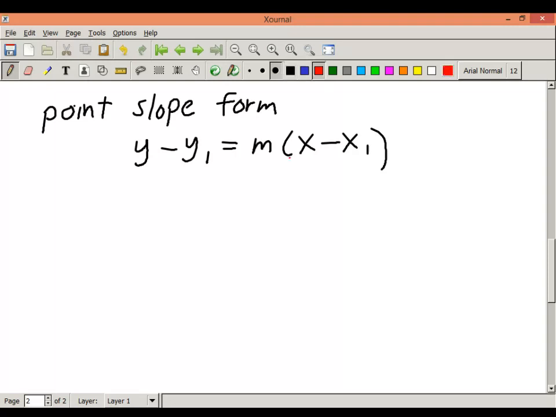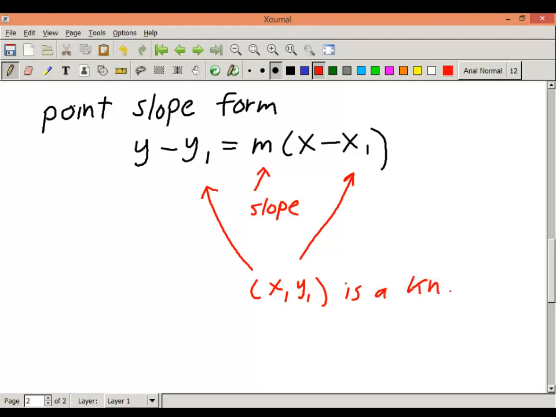Okay, so in this form, the m is the slope again, and the x sub 1 and the y sub 1 are coordinates of a known point. So you know that point, you know the coordinates. And the x and the y are just variables.